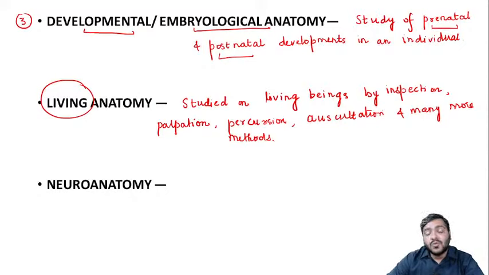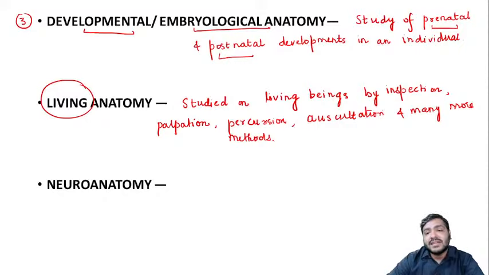So, to know the borders of the heart, if the borders of the heart are increased, it means it is cardiomegaly. So it is generally studied on living organisms, basically the patients who come to your clinics with severe complaints, and after that you are assessing the clinical condition of the patient by performing these particular methods.